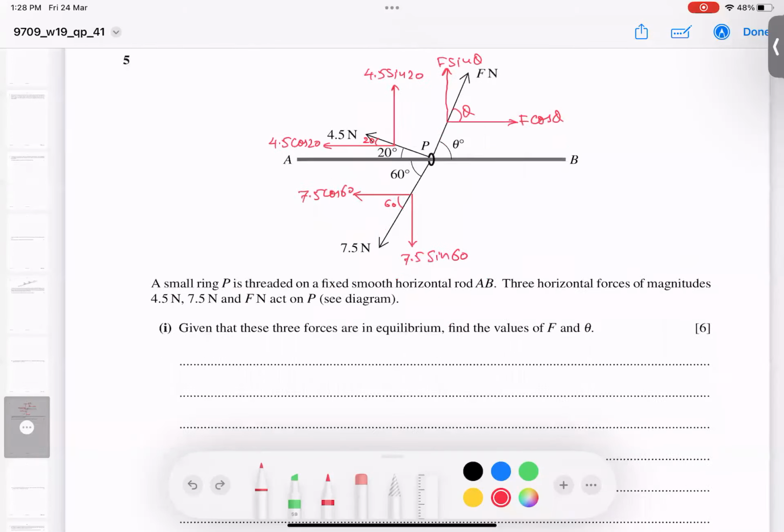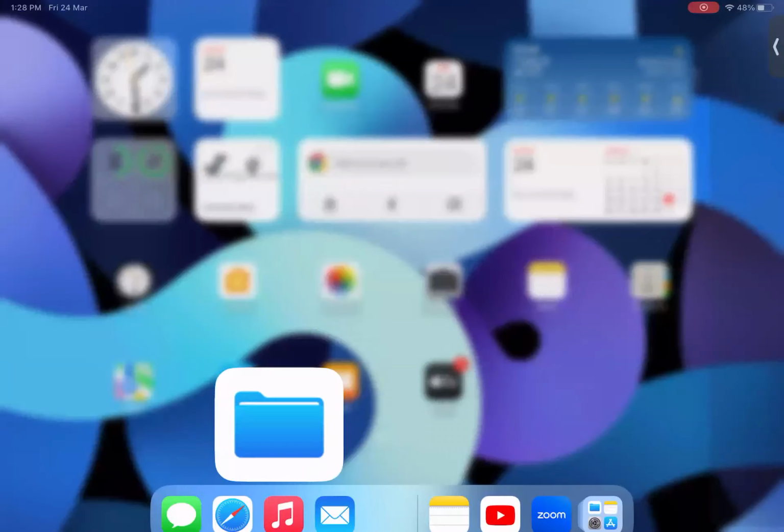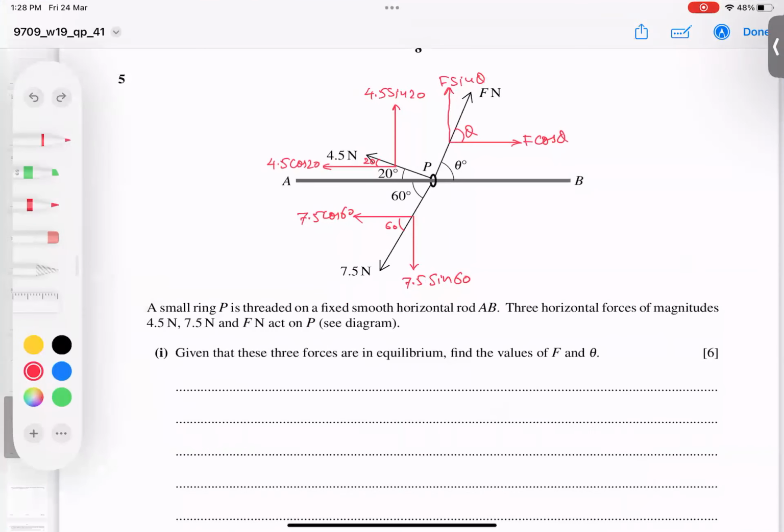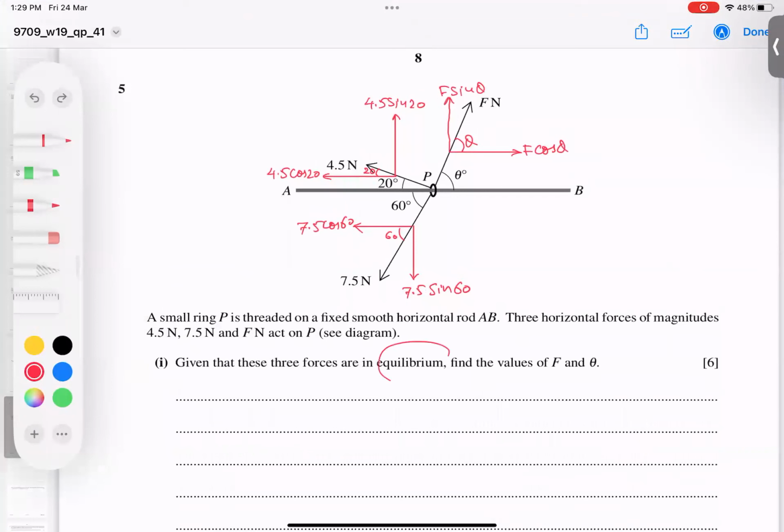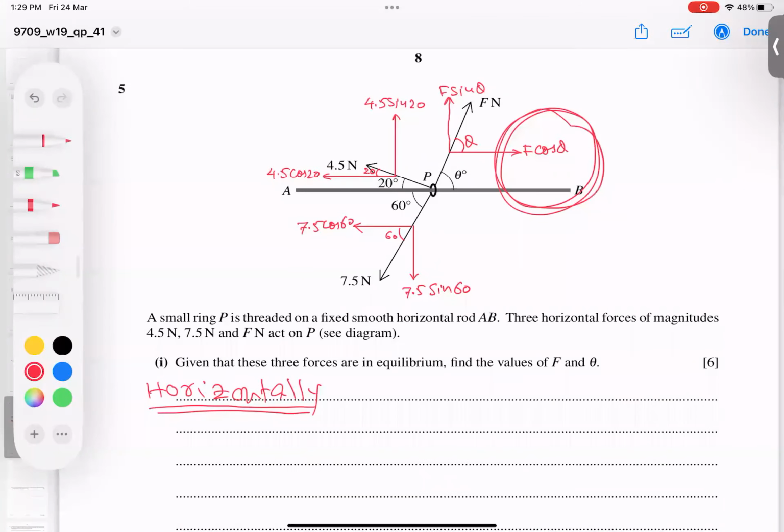Now, I hope you understood up till now what the next plan is. Because he said equilibrium, whenever equilibrium comes, we go for horizontal components. Horizontally, what is the basic criteria? Rightward forces equal leftward forces. So I can simply say F cos theta.